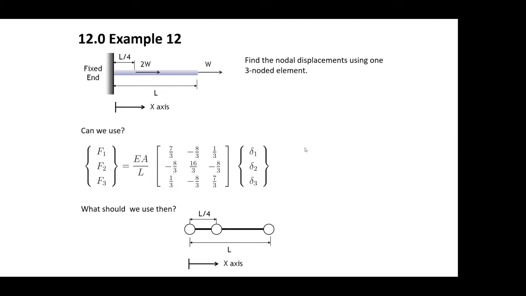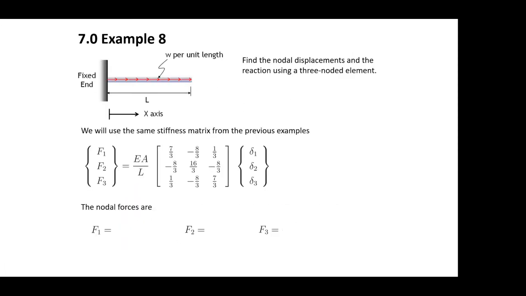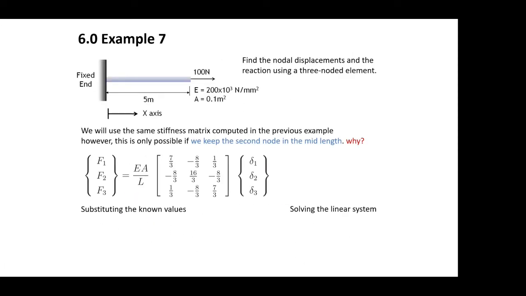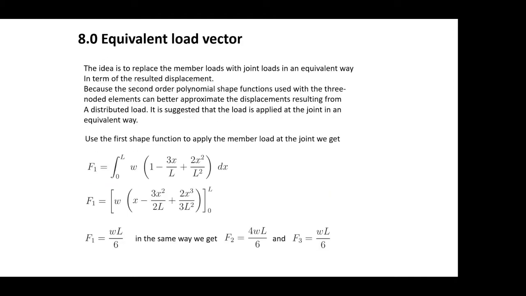And if you remember, I'll just show you quickly the equivalent load vector we discussed at the beginning of the lecture last week. Example number 8, yes. So you'll see that the equivalent load vector would be this one. It is WL/6, 4WL/6, and WL/6. And this F2 would be located right at the center, right? So it would be possible to use the stiffness matrix.